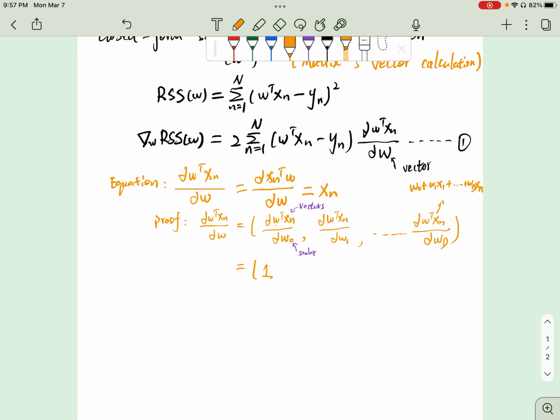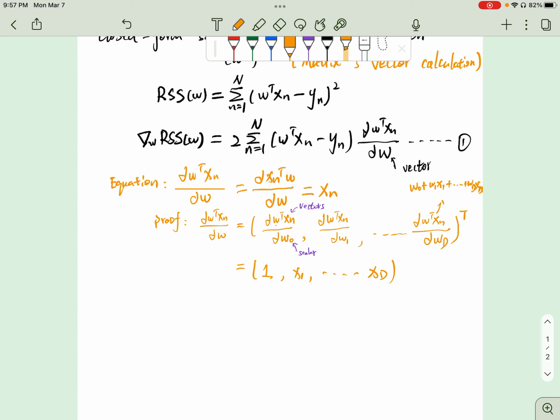So you take a derivative of this one over omega 0, it's just 1. How about the second term? You take a partial derivative over omega 1, it is x1. And they are all the same, so it's xd.